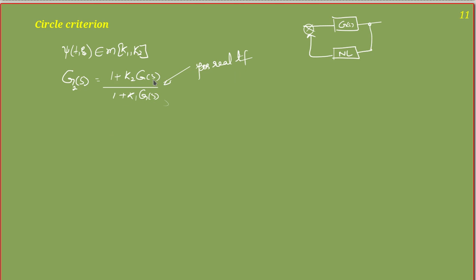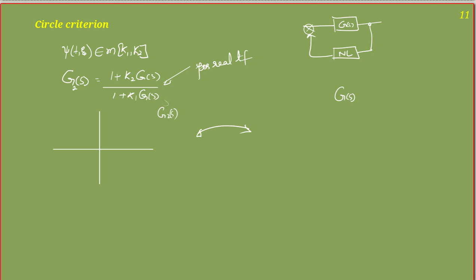We have G of s here. We have to draw the Nyquist plot of this function and then check the positive realness of this. So we have to check the Nyquist plot of G2 of s and see whether it lies in the positive real part.